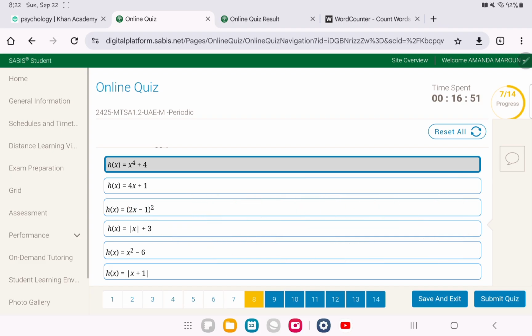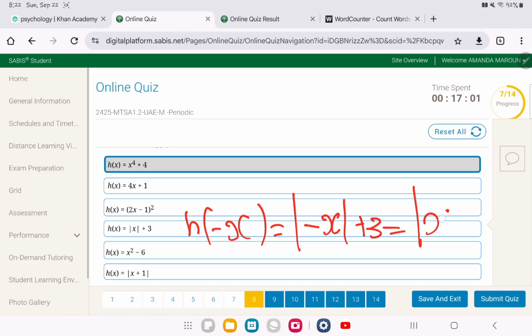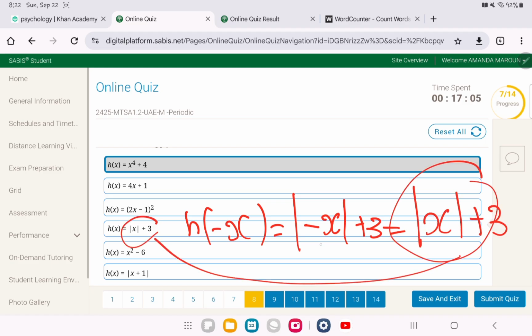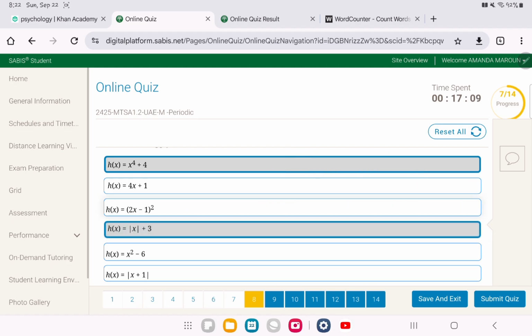Then we have h(x) equals absolute value of x plus 3, so h(minus x) is equal to absolute value of minus x plus 3, which is then the absolute value of x plus 3. So this and this are equal, so then it is even.